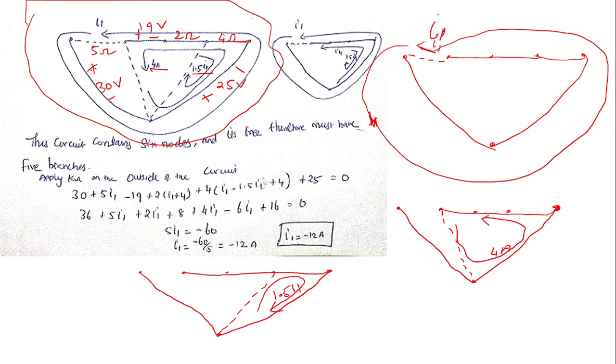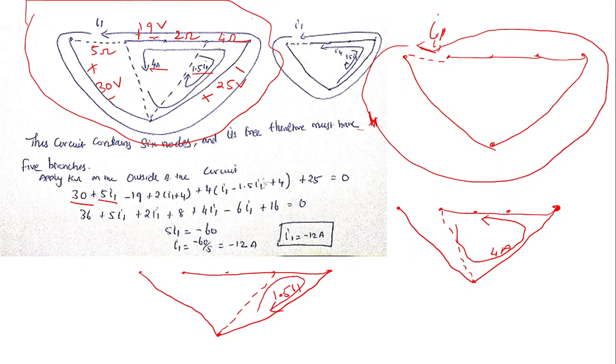So if I start from here, it will be plus 30 because the current I1 is entering positive, leaving negative. So plus 30 is written. And then the current I1 is flowing through this. So if I assume the polarity based on the current direction, I can write plus 5I1.